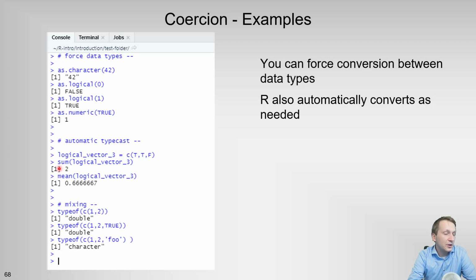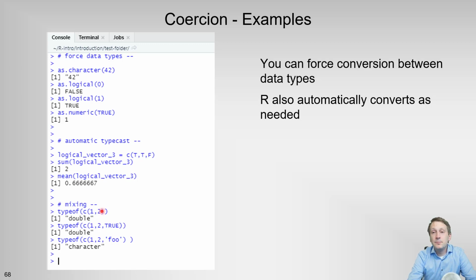So the sum of the logical vector will be 2, so there are 2 true elements in the logical vector. And that's very convenient, right? So when you have a logical vector and want to know how many trues there are, then you can just use the sum function. But along the way, it typecasts it to numeric. And the same happens with the mean function. So you would actually get the proportion of elements that are true.